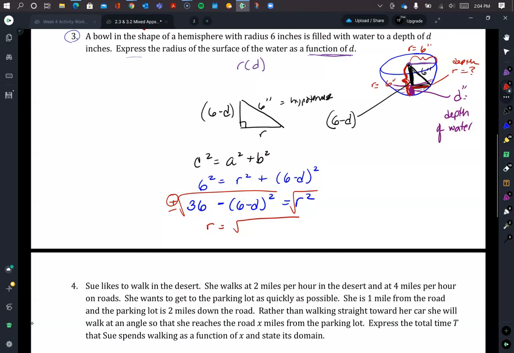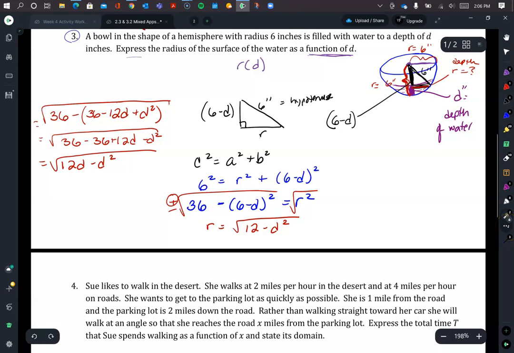You can try that on your own if you want, but I'll do it aside and show you the steps. So if you want to work it and then come back, do that as classwork. Here's my little aside where I expanded (6 minus d) squared to be 36 minus 12d plus d squared. I squared both ends and doubled the product of the two terms.